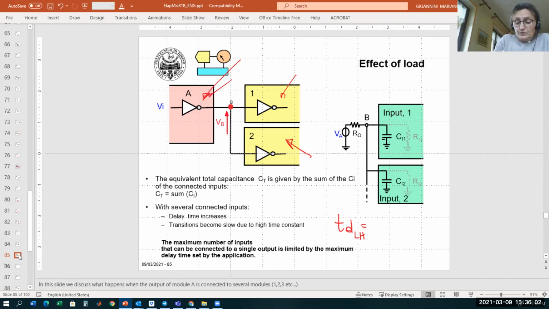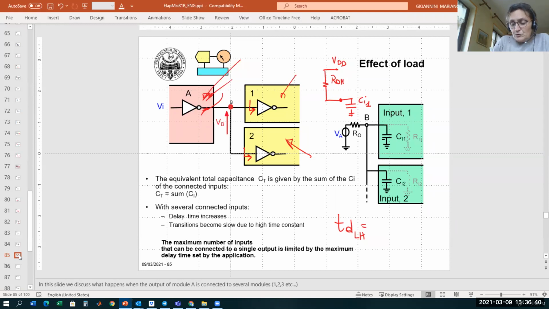You have to plot the equivalent output of A. So if we have a low to high transition, the equivalent output of A is ROH connected to VDD, and this is the equivalent output in this direction. And then we have to plot the equivalent input. You see that we have one gate here, so we introduce the input capacitance, C input of module 1. Then we have another one here.